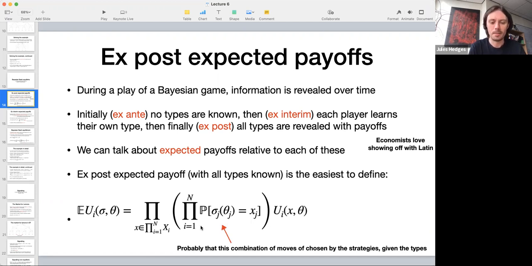For every possible combination of moves, we take the probability that that combination of moves is played, which, because the mixed strategies are independent of each other, is the product of the probabilities that each strategy sends that type to that move. And then we can plug this into the actual payoff function, which is a function of moves and types.